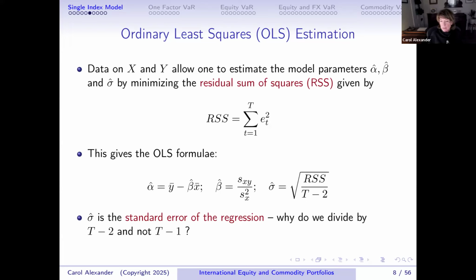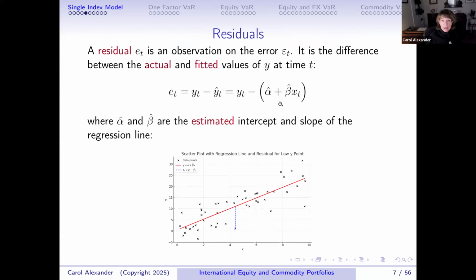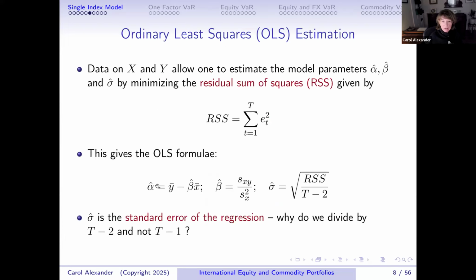That's the residual sum of squares divided by t minus 2, not t minus 1. Why is that? Well, in order to compute each residual, we have to know alpha hat and beta hat. So we've lost 2 degrees of freedom. We have to first calculate beta hat, then knowing beta hat, we can calculate alpha hat, and only then can we calculate sigma hat.